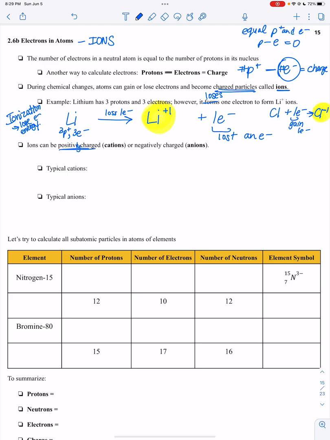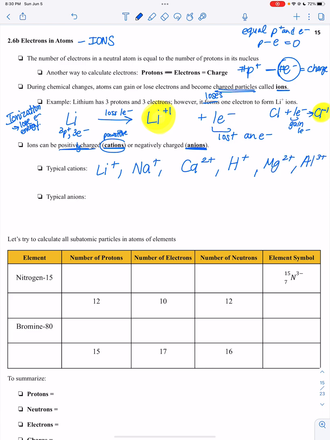Positively charged ions are called cations, and the way that I remember that is because cations are positive. That's a nice little cheap way to remember that cations are positive, and then anions are negative. So anions are negatively charged particles. So examples of typical cations: Li plus 1, Na plus, Ca2 plus. Sometimes hydrogen can form plus 1. Magnesium could do plus 2.